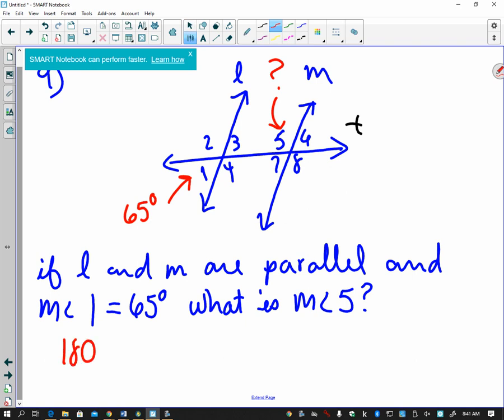Tiffany identified that angle 1 and angle 2 are supplementary, a linear pair, meaning that angle 1 plus angle 2 adds up to 180. So if we subtract 65 from 180, we'll find angle 2, and because angle 2 and angle 5 are corresponding, they'll have the same angle measure, correct? 180 minus 65 is 115. So angle 5, therefore, is 115. Does that make sense?